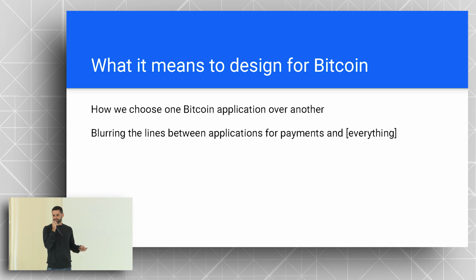Then the other thing that's great about Bitcoin is that payments are integrated into everything we do. Whereas there's not a lot of precedent in traditional applications like Twitter and Facebook for payments, now as designers, we have to think about how payments integrate into everything and how much information people need to know that comes from the blockchain.